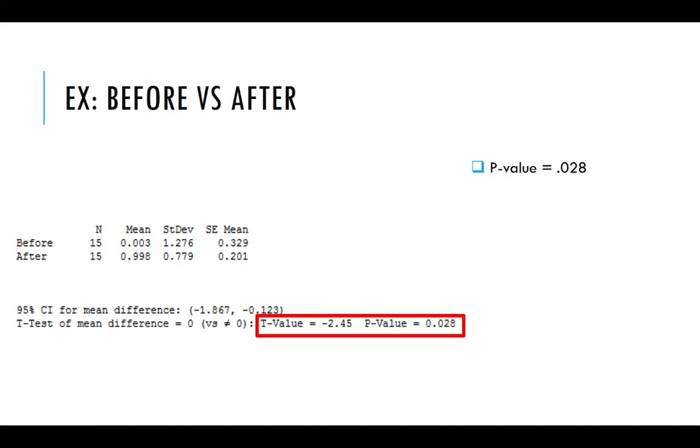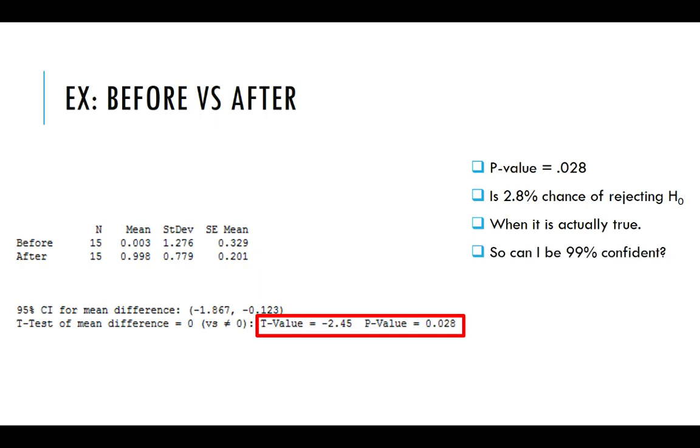Now, again, we have a p-value of 0.028, which says we have a 2.8% chance of rejecting the null hypothesis when it's actually true. In other words, that's saying we have a 2.8% chance of making an error in our conclusion.